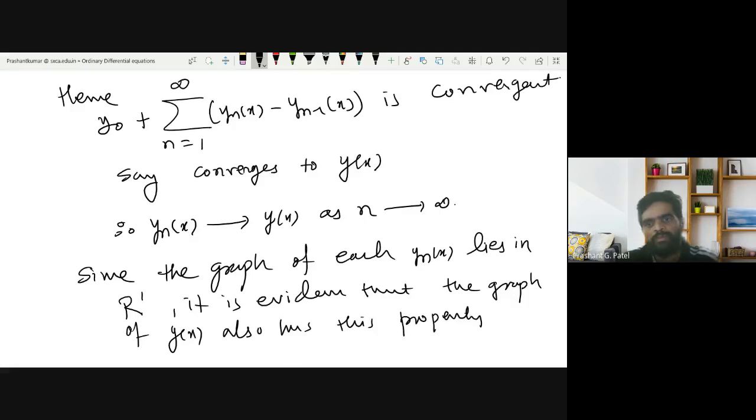That means each yn of x is continuous, therefore y is also continuous. Okay, so now this will complete the proof of the first statement.